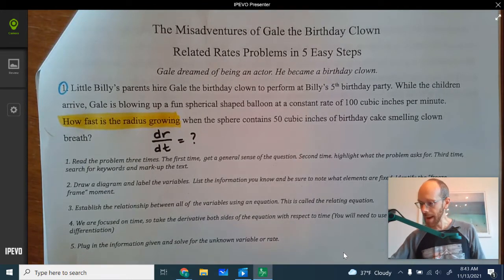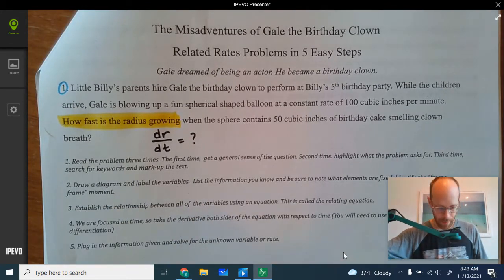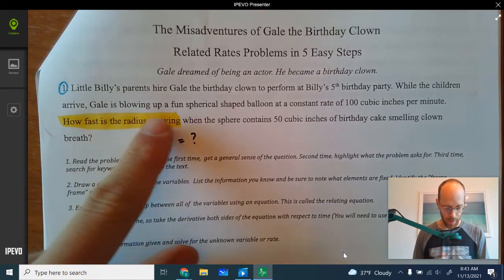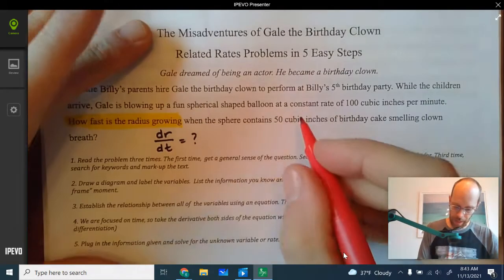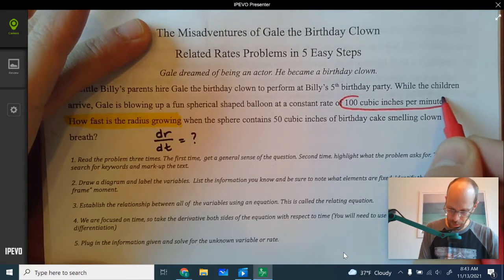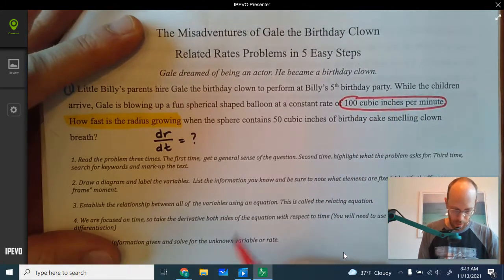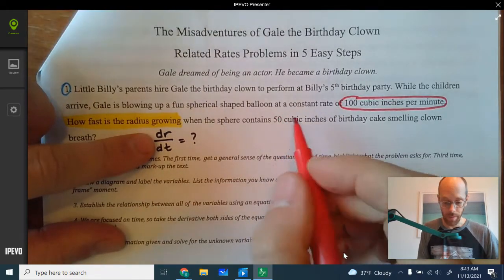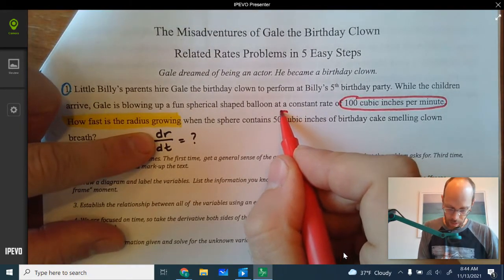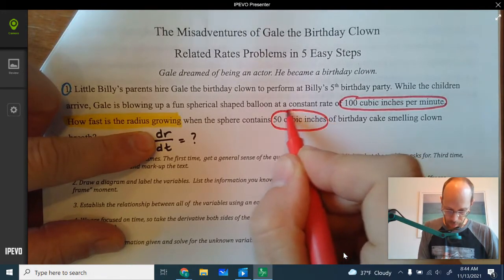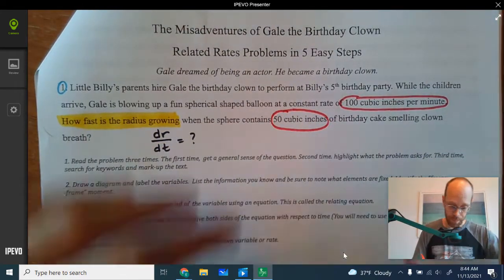All right, now let's go back and let's pick apart the other pieces of information that were given to us in the problem. Right here it says that he is blowing up a fun spherical shaped balloon at a constant rate of 100 cubic inches per minute. And it also tells us that at the instant that we're trying to measure the rate of change of the radius, there are 50 cubic inches of volume in the balloon.